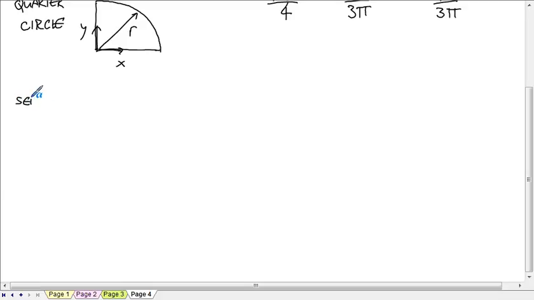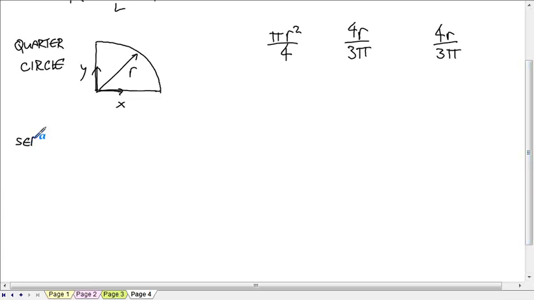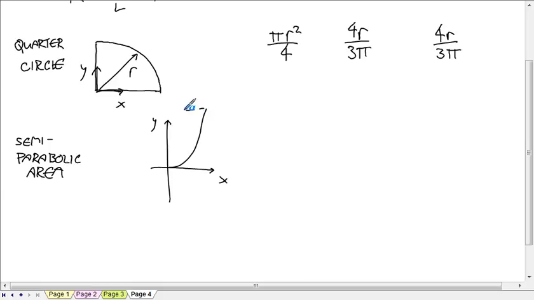And then a semi-parabolic area, if this is x and this is y, then if this distance is a and this distance is h, the area is, I think, 2ah over 3.